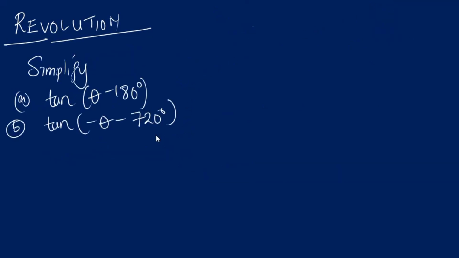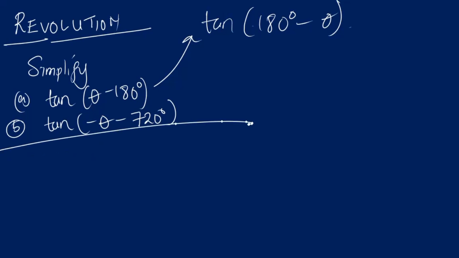So here we have to simplify the following. This is way too different from the story of having 180 degrees minus theta. It's a little bit different, so we need to work around it. So let's do that. How would I solve for the first question, A? In this case, I see that I have a negative 180 degrees.